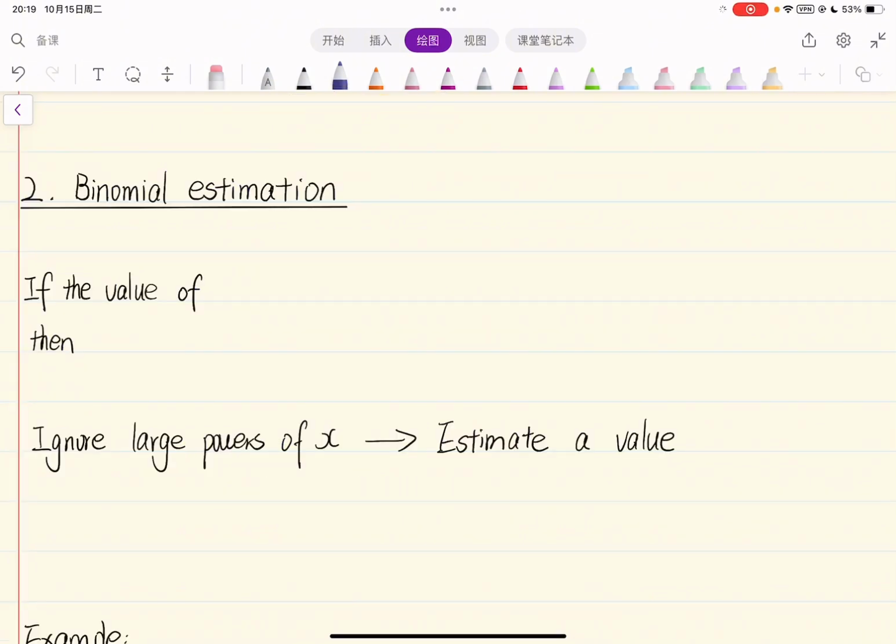Now we have learned how to use a general term to solve binomial problems. Let's move on to see how the binomial expansion can be used to do estimation. If the value of x is less than 1, then we can clearly see that x to the power of n gets smaller as n gets larger.